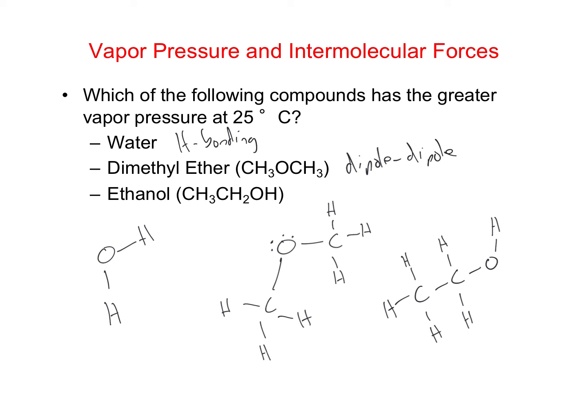It's asymmetric. In this case, we do have a hydrogen directly connected to an oxygen, so it will also undergo hydrogen bonding. And so of these three compounds, the one with the weakest intermolecular forces is dimethyl ether, and so it should have the highest vapor pressure.